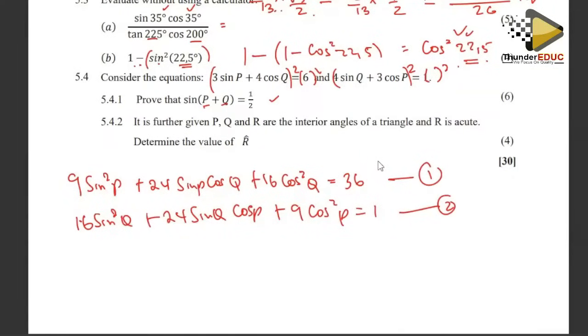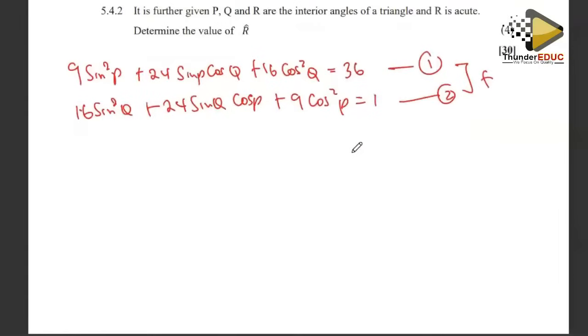Then I'm going to add the two equations together and see if I can get some like terms. Are there any like terms really? Okay, so cos squared q, sine squared q, there seem to be no like terms. Let's see. 9 sine squared p.